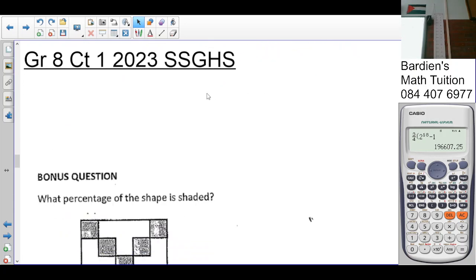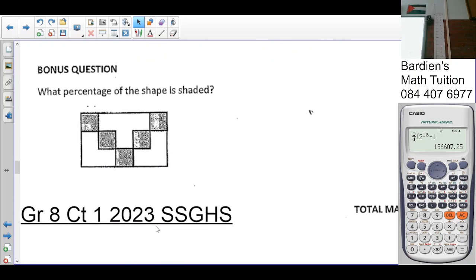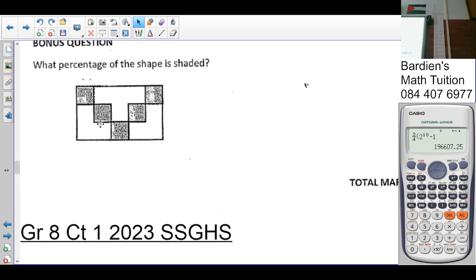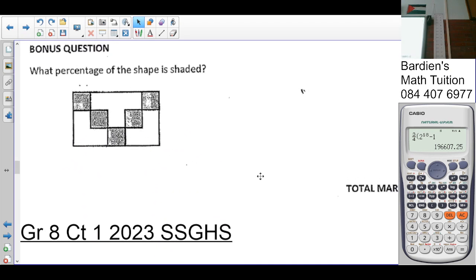The last question, the bonus question here, 3 marks. What percentage of the shape is shaded? What I need to do is first find the number of blocks there are. How many of the blocks are shaded? Take the fraction, multiplied by 100. If I divide this up, I will have 1, 2, 3, 4, 5, 6, 7, 8, 9, 10, 11, 12, 13, 14, 15.